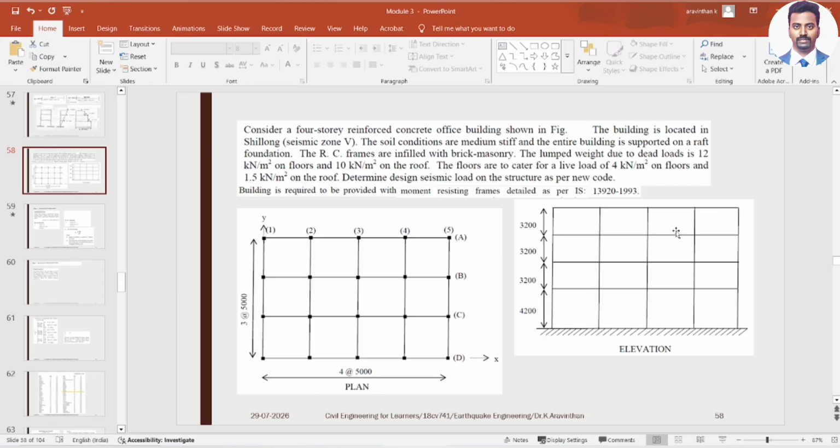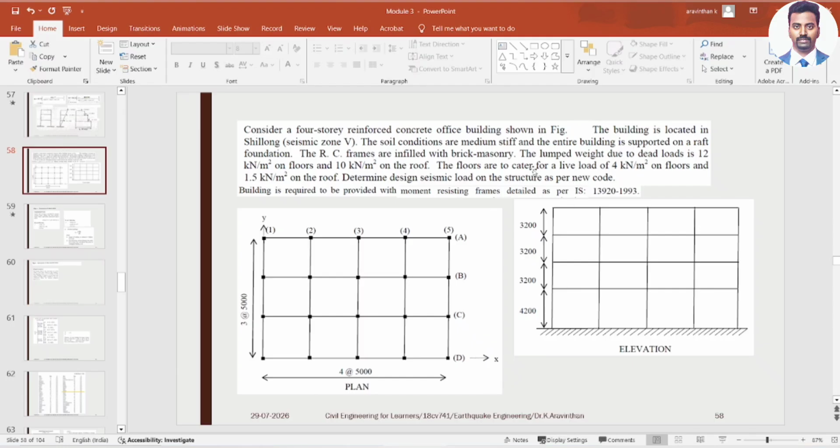So they have not considered the self weight. When we are doing dynamic analysis, the self weight is neglected. We will be only taking whatever load is acting on the structure. Hence, we will be taking 12 kilonewton per meter square on the 3 floors, and on the 4th floor 10 kilonewton per meter square on the roof. This is the dead load.